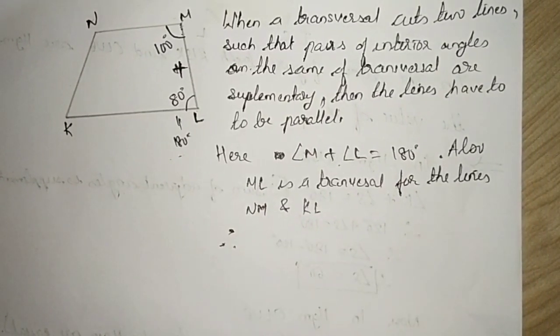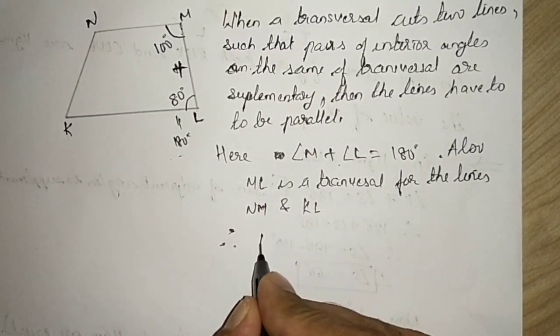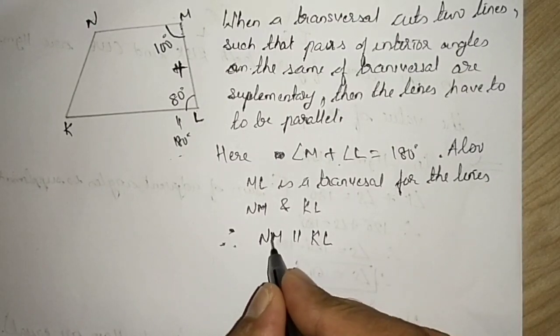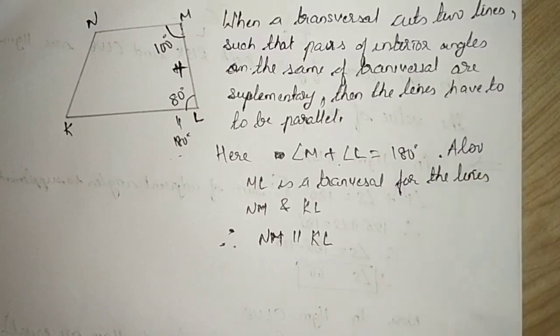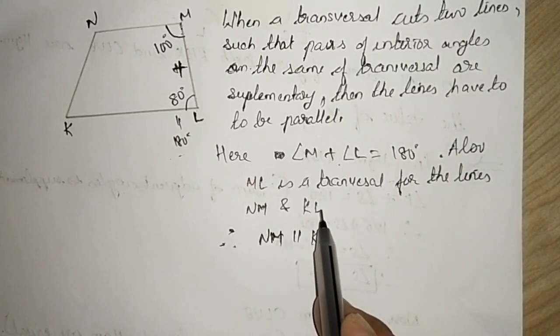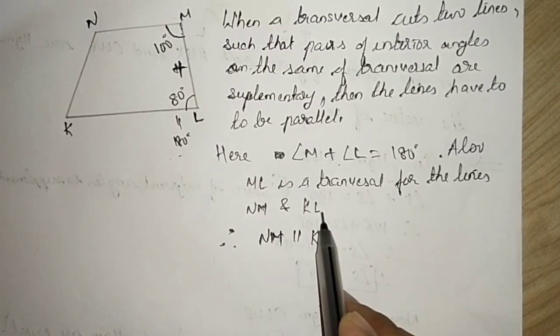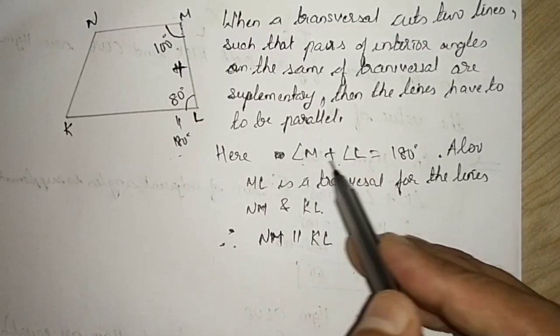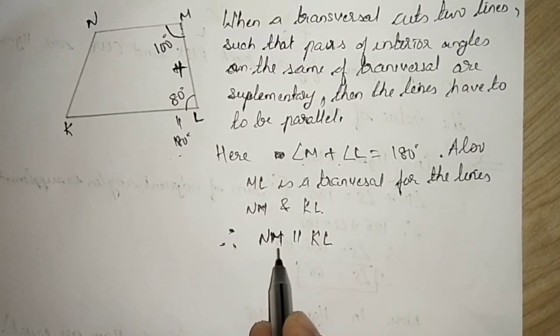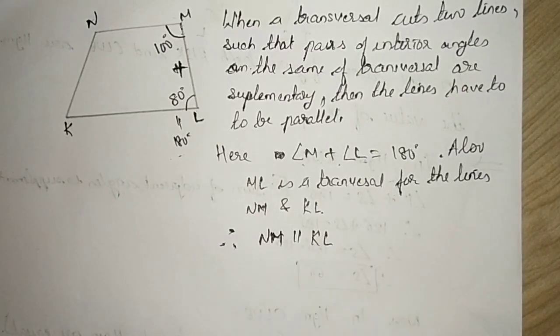Therefore NM is parallel to KL. Why? Because of this statement. ML is a transversal for lines NM and KL, and the measure of angles M and L is 180 degrees. Therefore we can say that MN and KL are parallel.